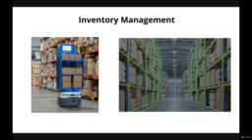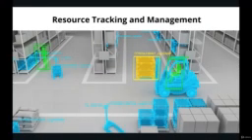Another very interesting application is resource tracking and management. So we have cameras inside the warehouse. What these cameras actually help a warehouse manager to know is where and what resources are in the whole warehouse.